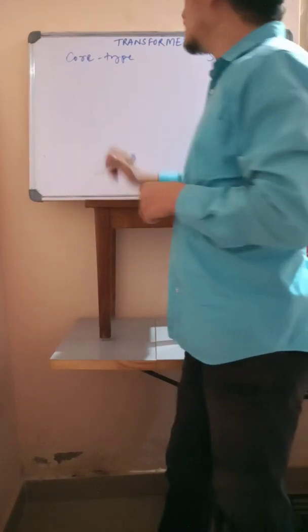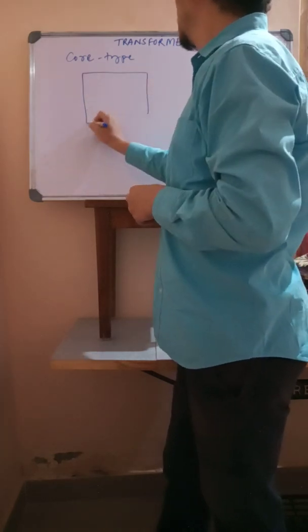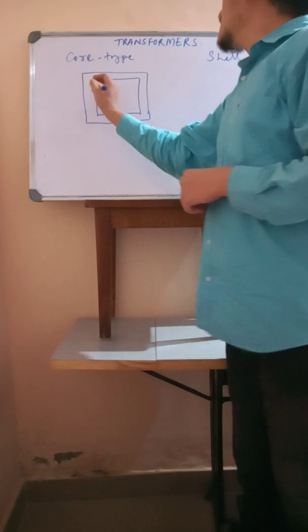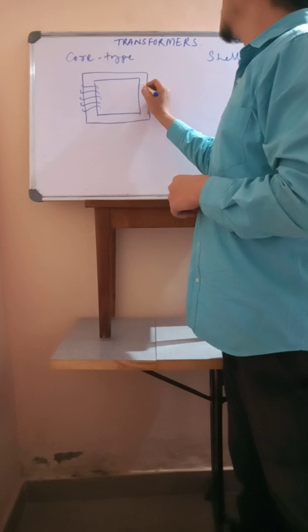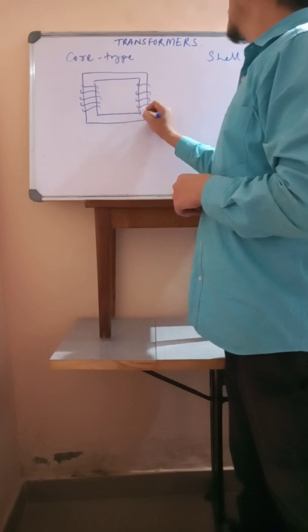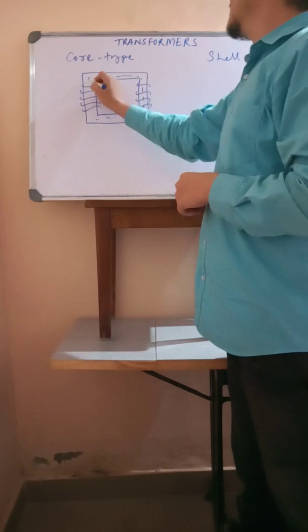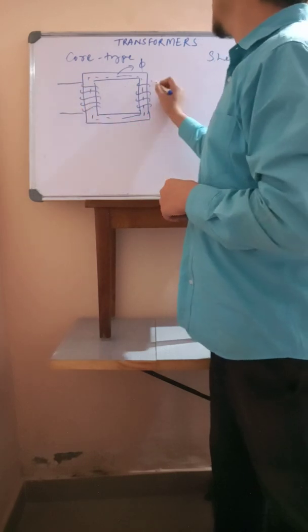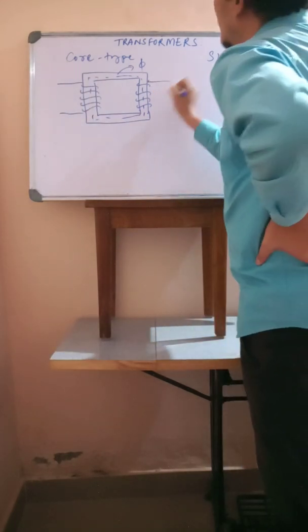So in the core type transformer, say for example this is a core, a silicon steel laminated core. This is the winding. This is the path of the flux, say this is phi, and this is the primary winding leads, and this is the secondary winding leads.